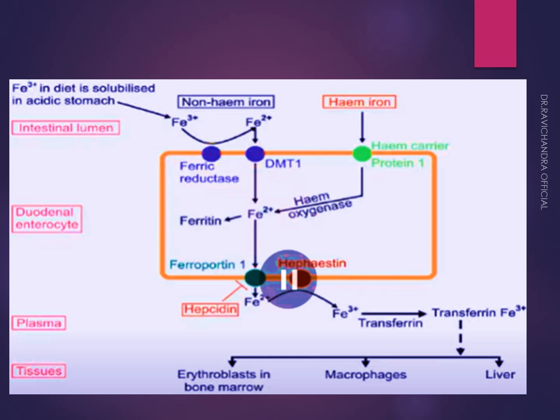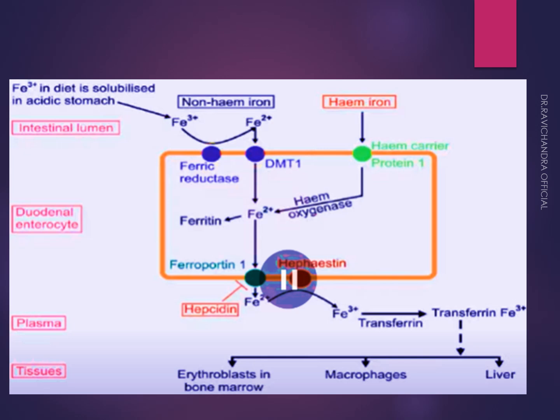When this Fe+2 is formed in the epithelial cell, it has to be transported to blood. So ferroportin 1 will help the transport of Fe+2 from epithelial cell to plasma or blood. Here, hepcidin will regulate this process, and ferroportin 1 will help this process.